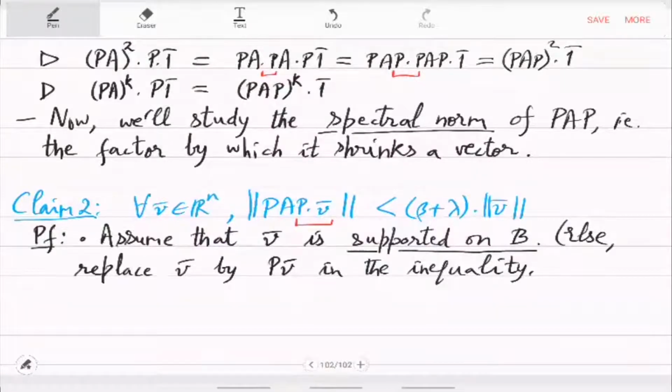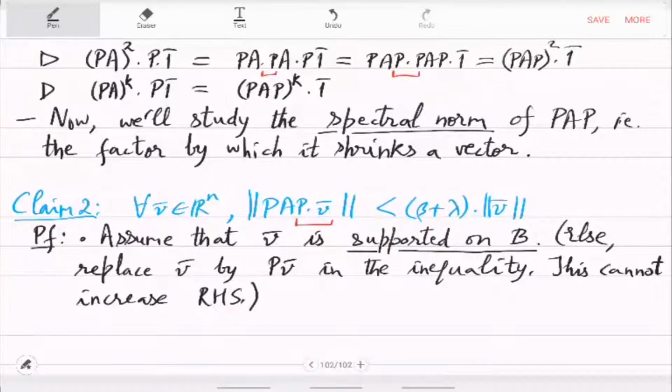This cannot increase the RHS. And similarly, we can assume the coordinates to be non-negative.